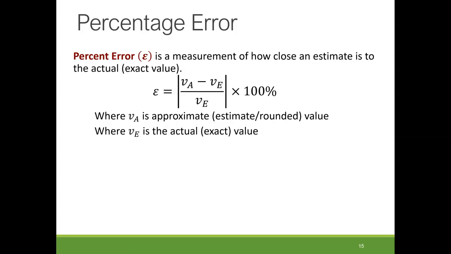The other thing you've probably done in your science class is talked about percent error. So say you're in a chemistry class and you're trying to determine how much acetaminophen is in your Tylenol. You read from the label on the package, it says there's 200 milligrams in there or something.